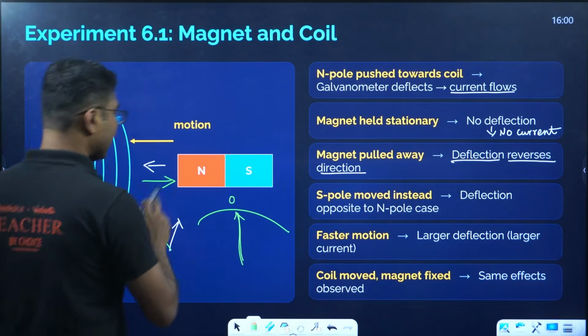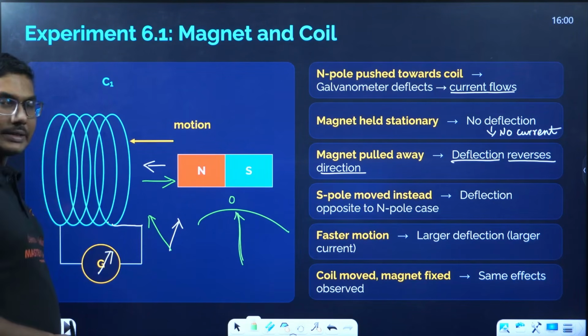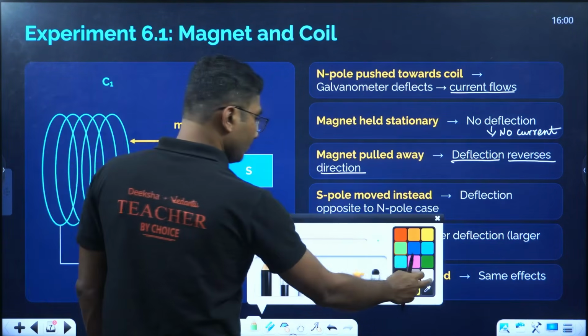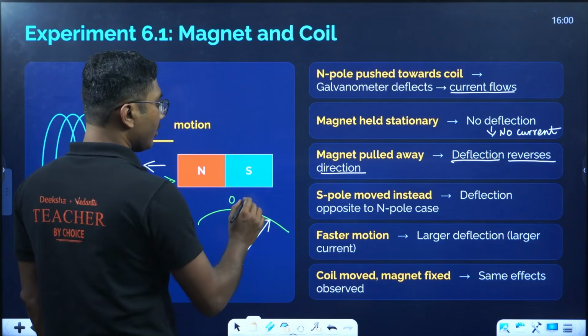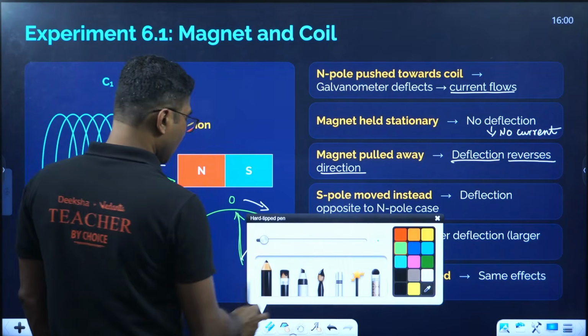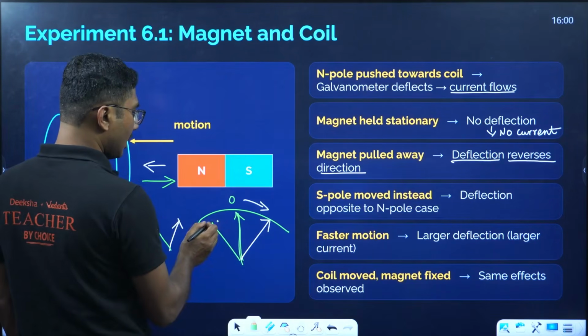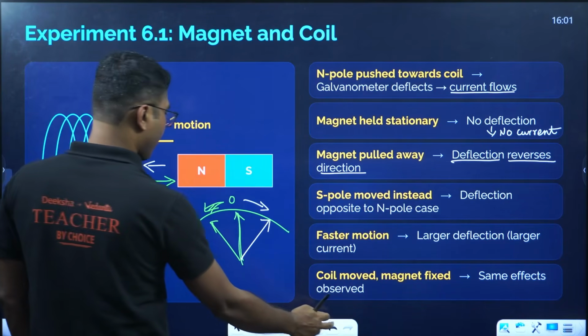If you take the magnet towards the coil, it deflects on the right-hand side, and if you pull it away from the coil, it deflects on the other side.